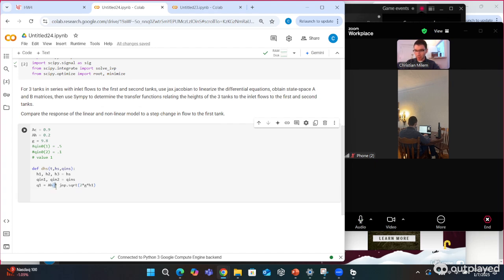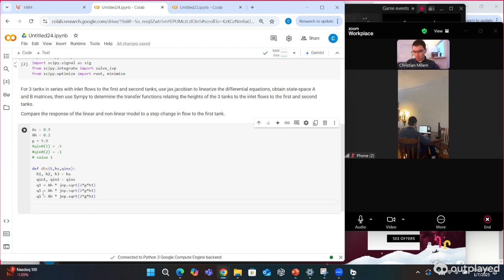The flow rate coming out of 2 is the same thing, but a function of the height in the second tank, and the same with 3.